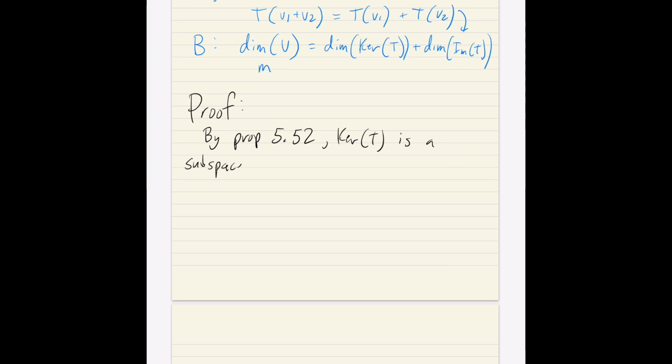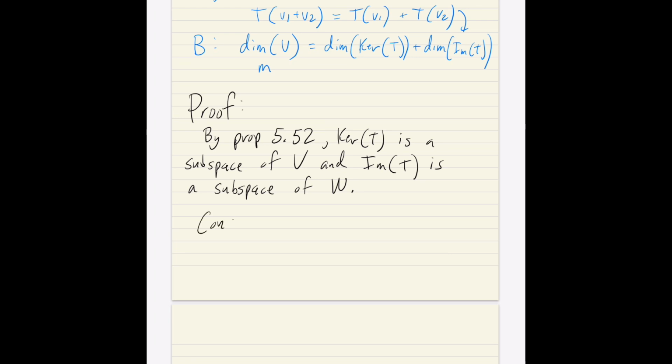A subspace of V, and the image of T is a subspace of W. Okay, so now that we know that they're subspaces, we can find things out about them, including creating a basis for each one. So let's start with the image of T.